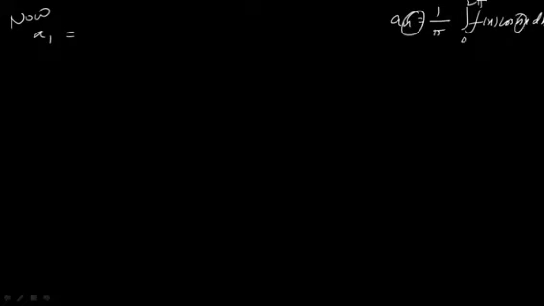So now here a1. You know the formula for an. An is equal to 1 by π integral 0 to 2π f of x cos nx dx. Now just replace n by 1. That is a1 is equal to 1 by π integral 0 to 2π f of x cos x dx.